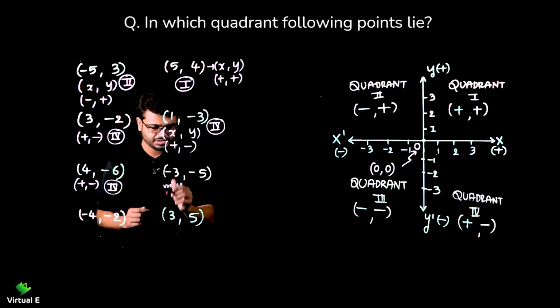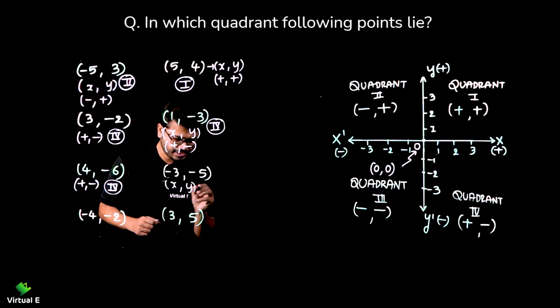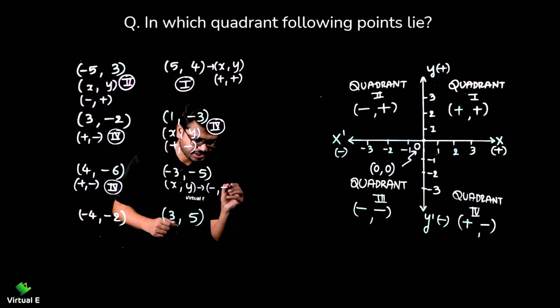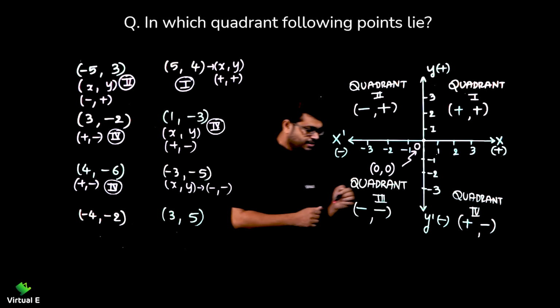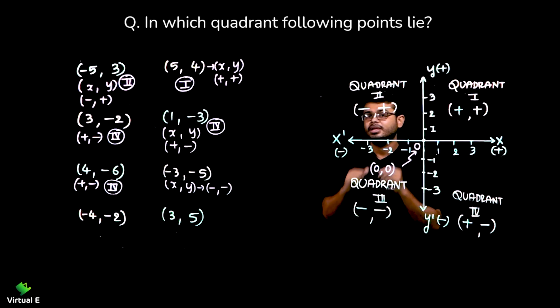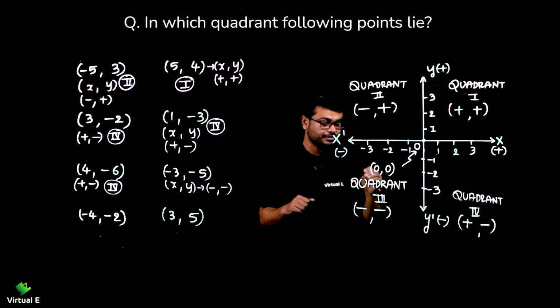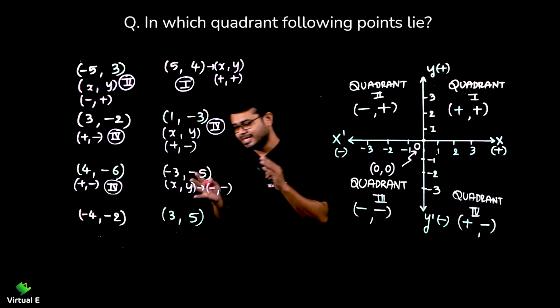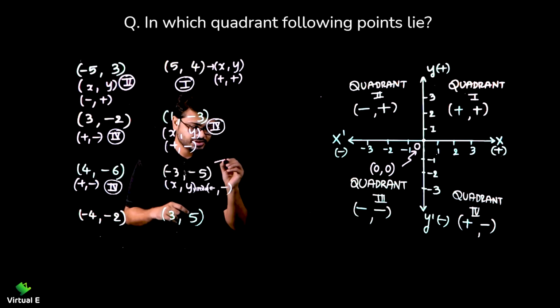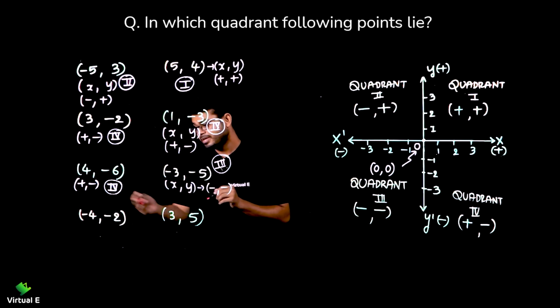Then let's talk about this minus and minus. I think this is the first time we'll discuss it. So minus and minus, yes, it is quadrant number 3. Both of them are negative, x and y as well. So this is quadrant number 3. Then let's talk about (-4, -2).